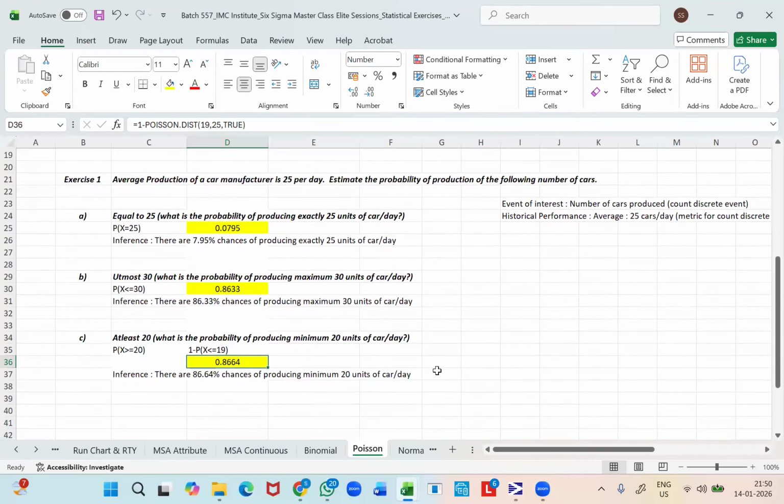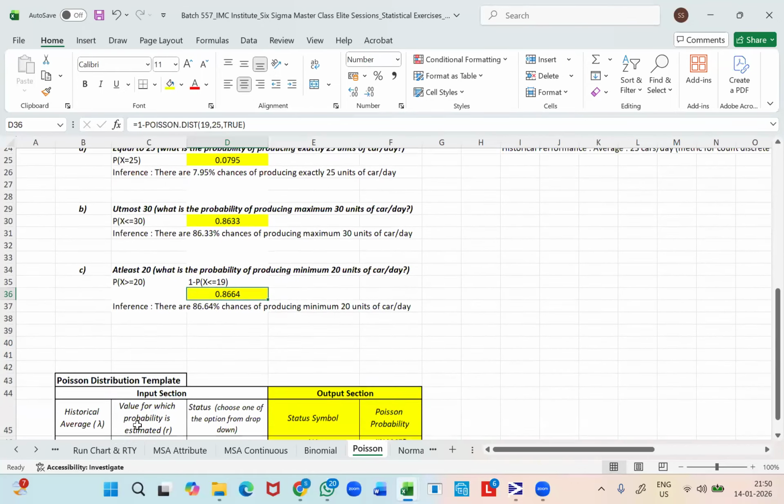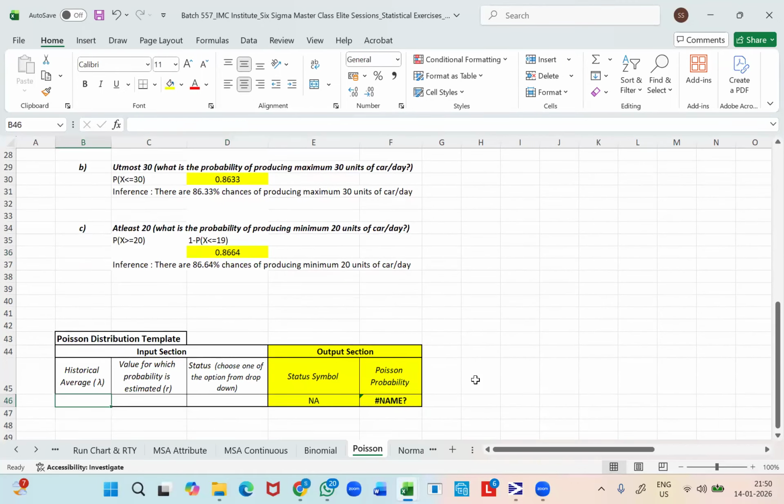Right? But then if you're using the template, you don't have to use any formula here. So just provide the input values. So historical average is given as 25 units of car per day. And the first one, section A, the value for which we are estimating the probability is also 25 and the status is equal. So the answer is 0.0795.